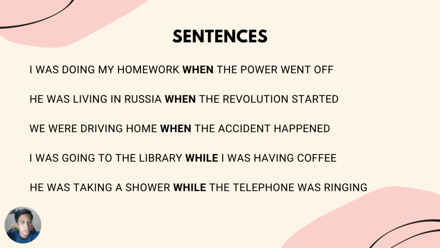The fact that I was going to the library is happening at the same time while I was having my coffee. And finally, he was taking a shower while the telephone was ringing. Again, two parallel actions that were happening at the same time.